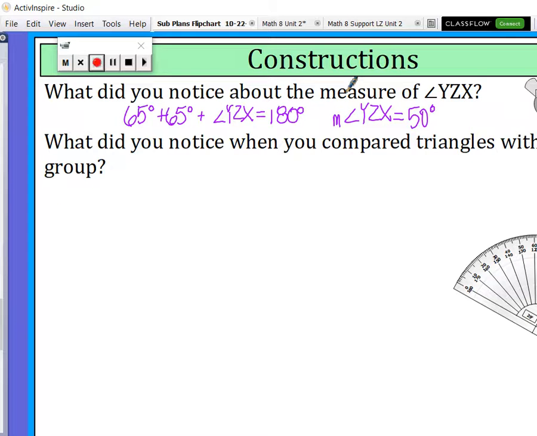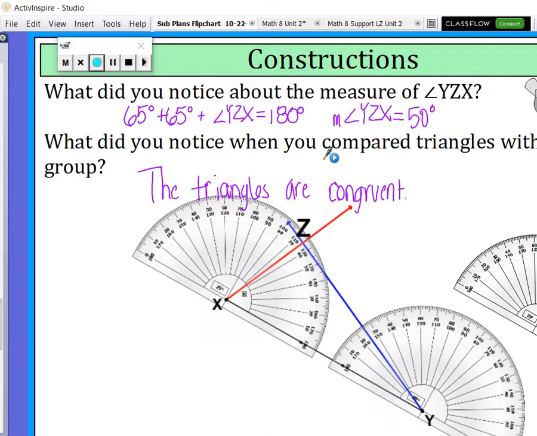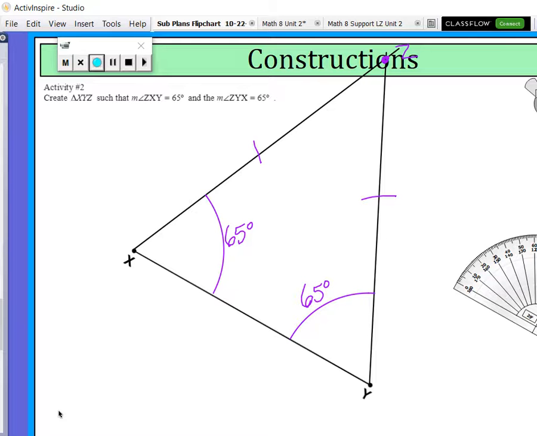Okay? What did you notice when you compared triangles with your group? And you should have seen that the triangles are congruent. And again, this is another reason that we can say, just by knowing the two angles and their included side. So when I say that, I'm saying two angles.